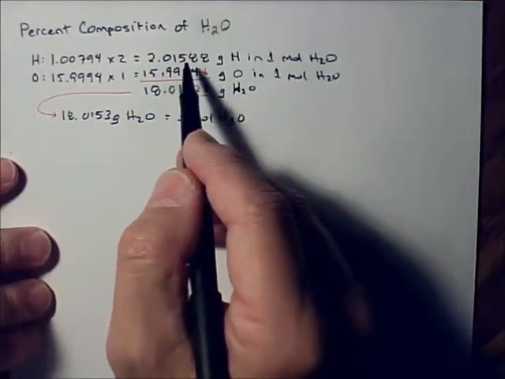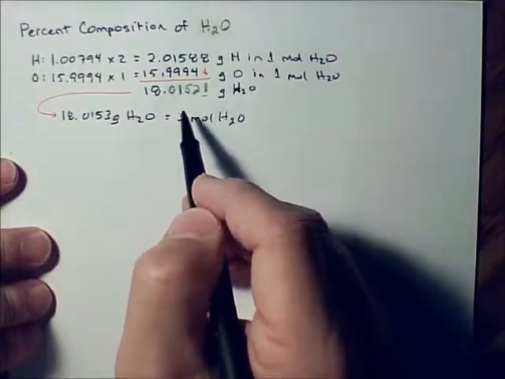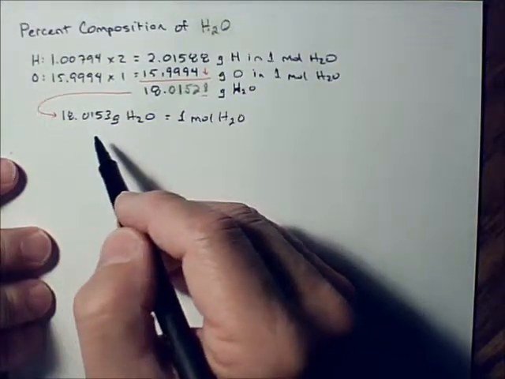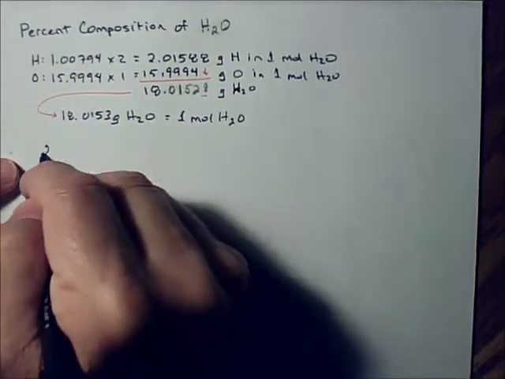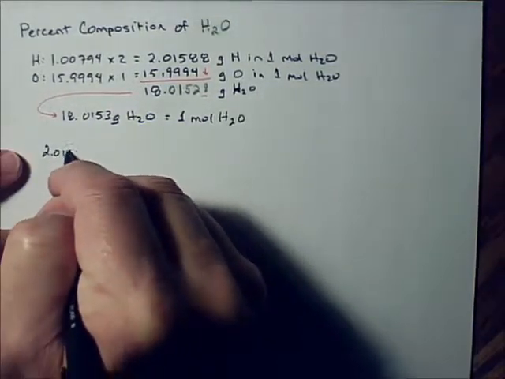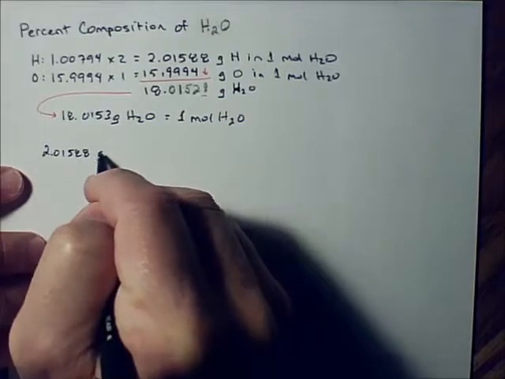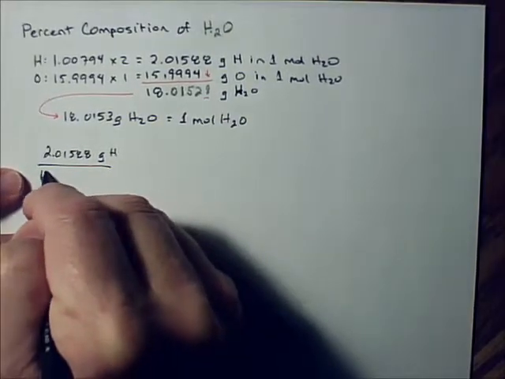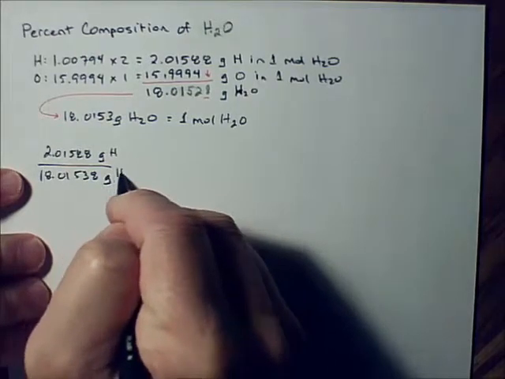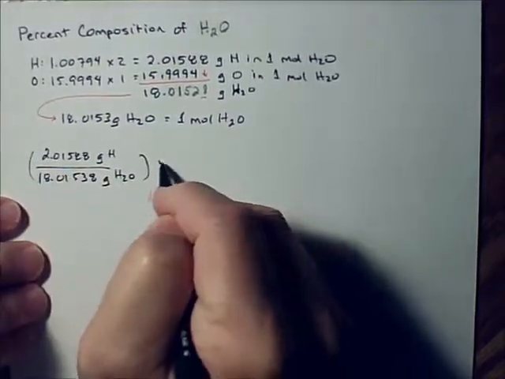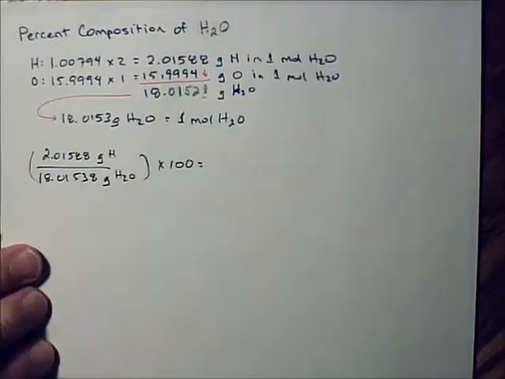We can take this number, that's the mass of hydrogen, and the mass of the total, divide this by this and multiply by 100. So 2.01588 grams of H over 18.01538 grams of H2O times 100.